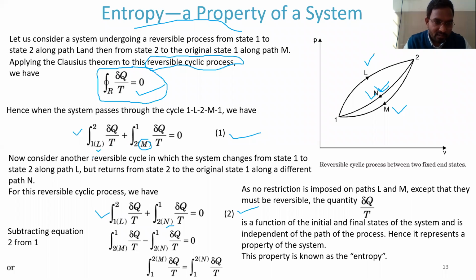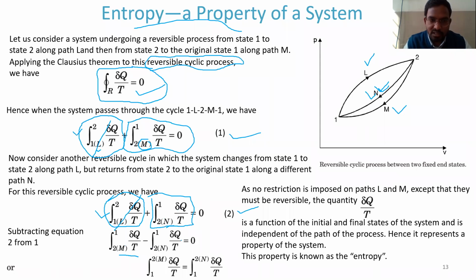So you can easily see that there is a similar term, 1 to 2 through path L dQ by T. So those two will be eliminated when you subtract, and what you will get is 2 to 1 through path M dQ by T minus, from the other equation, 2 to 1 through path N dQ by T. So subtraction of those two is equal to 0.